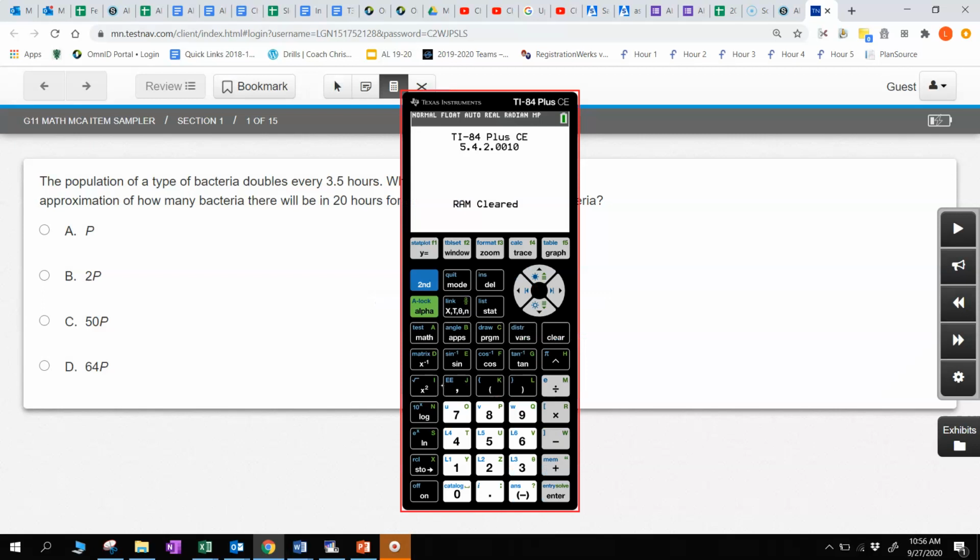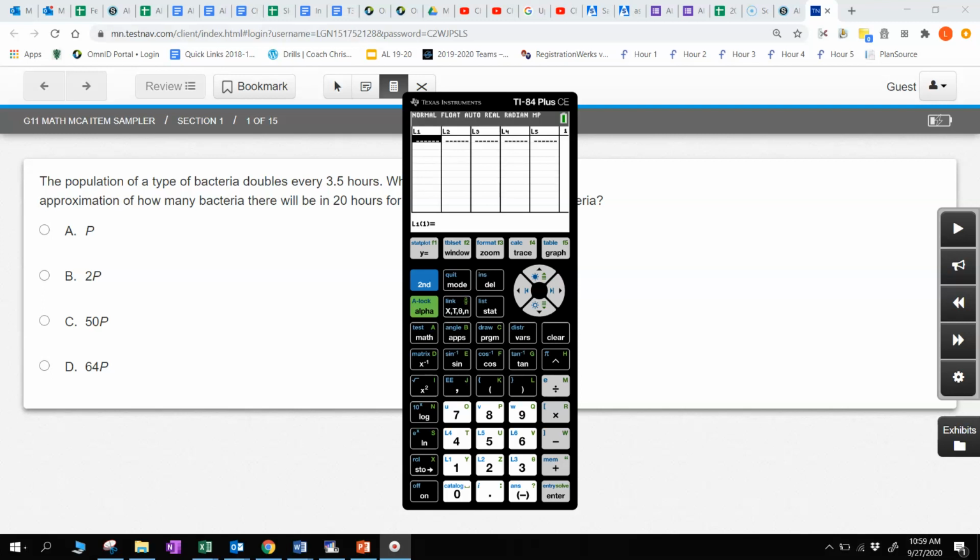Okay, so remembering from the last list, we said we were going to hit Stat, and then we're going to go Edit. So just Stat, Enter, and you can see that it shows me L1 and L2. L1 is going to be all of my x values. Oh dear, I can't see it on my paper. So now I was able to write down my values to see them big enough. So here we go. My x's go from 1 to 10.